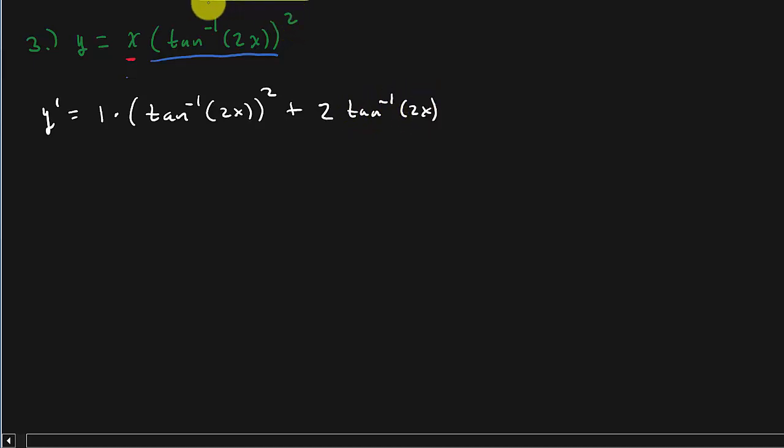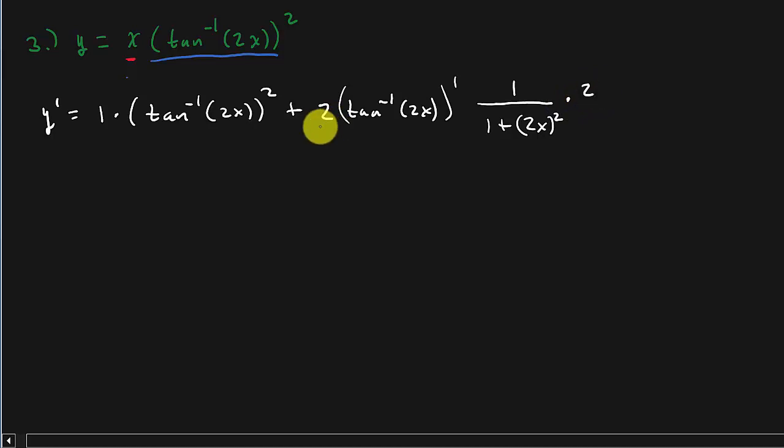The 2 comes down, subtract 1 from the exponent, so that's going to all be to the first power, times the derivative of what's inside the parentheses here. So what's the derivative of inverse tan 2x? That's going to be times 1 over 1 plus u squared. So that's 2x squared times the derivative of what you're taking the inverse tangent of, times 2.